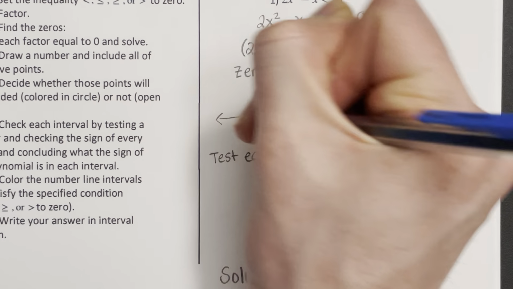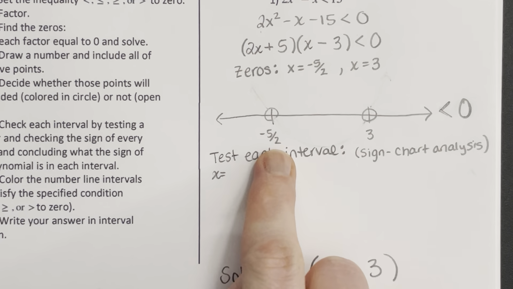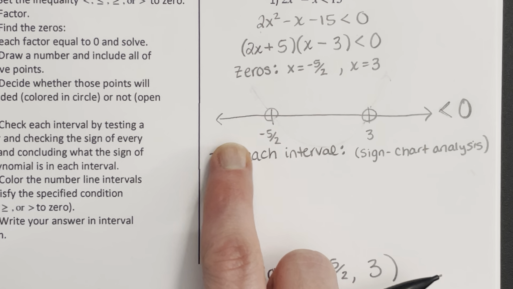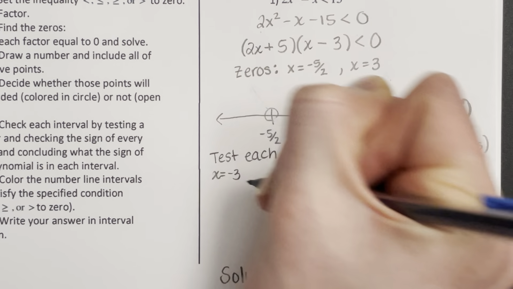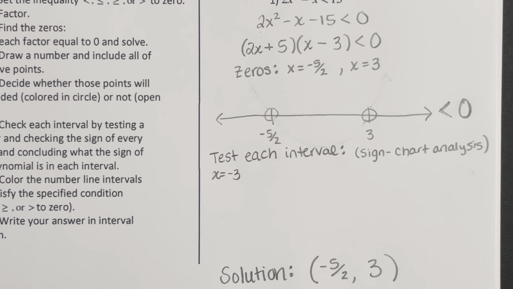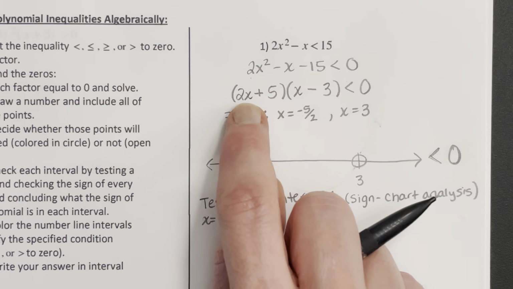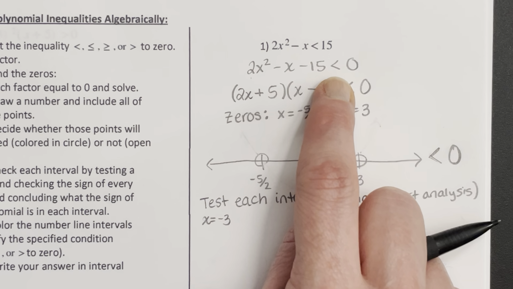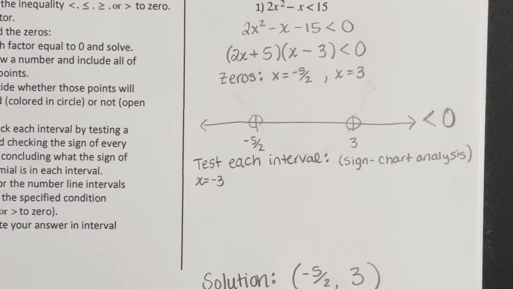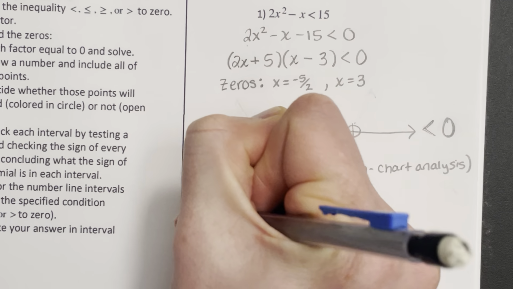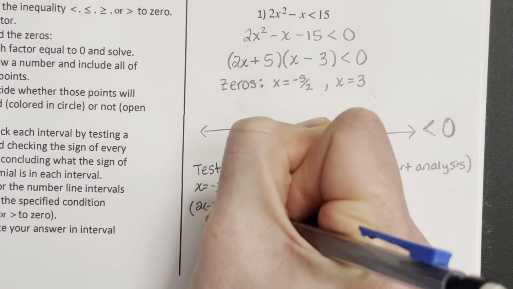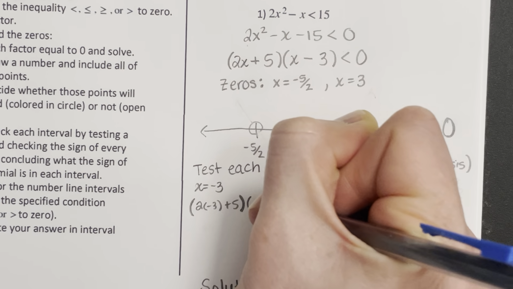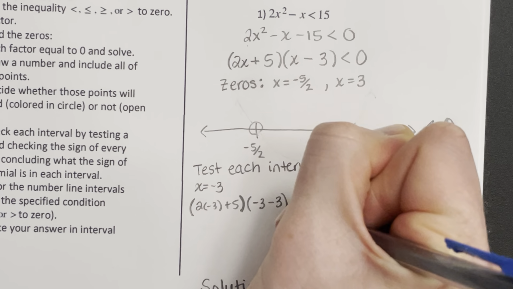So pick a number to the left of -5/2. That's -2.5. So you could pick something like -3 or -4 or even -1,000,000. So I'm going to pick -3 and plug that value in. I can plug it into this factored form here or that standard form and see is it less than 0 there. I like to use the factored form because it's somewhat quicker, but I have 2 times -3 plus 5 times -3 minus 3.